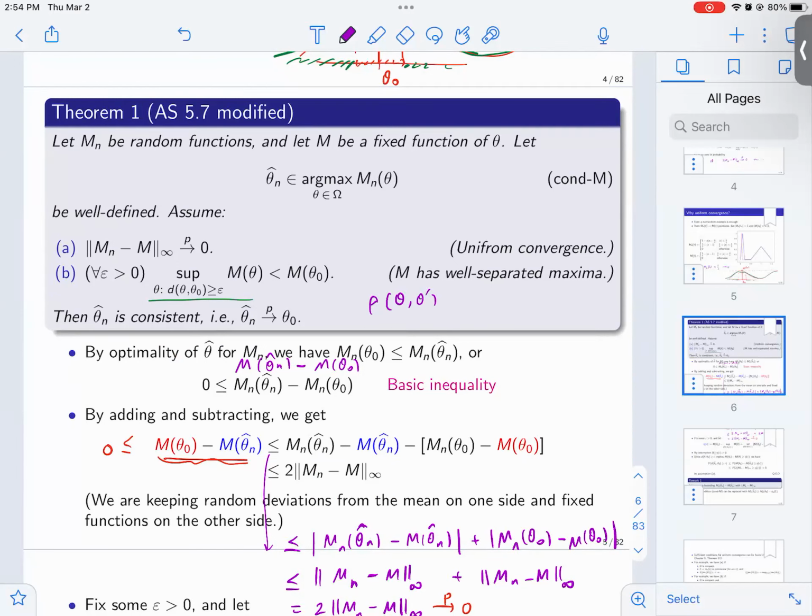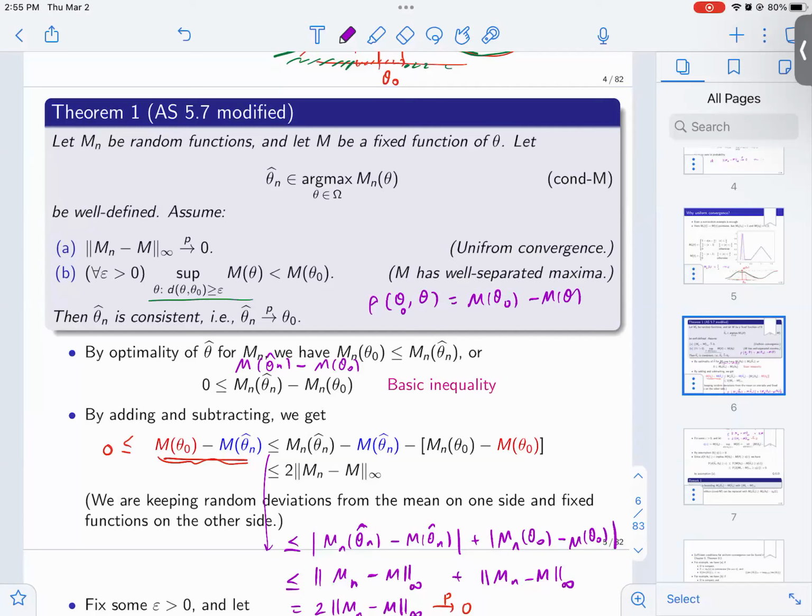Rho of theta and theta prime, define it to be M. It's not a distance, but at the true parameter, M theta naught minus M theta hat is converging to zero. So it's like a distance anchored at this. It's going to be positive if you anchor it at this because this is going to be bigger than or equal to zero. It's not a distance, but in this metric, it's going to zero.